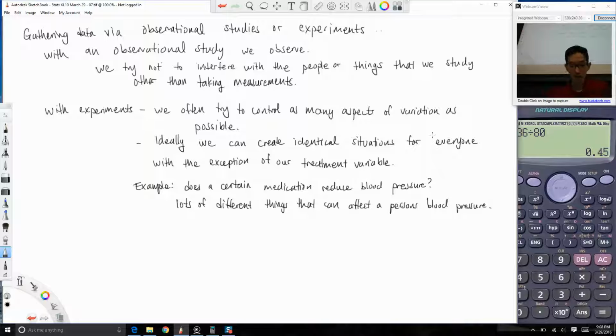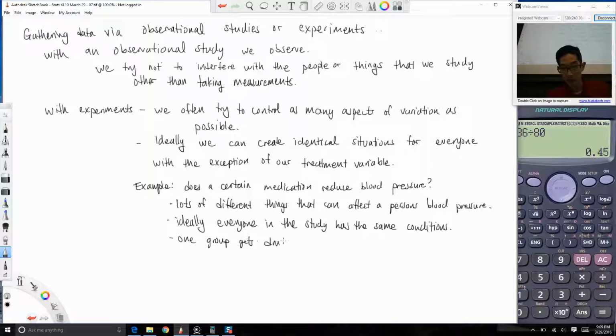So let me write kind of what I just said down. Lots of different things can affect a person's blood pressure. Ideally, everyone in the study has the same conditions. One group gets the drug, one group gets placebo.